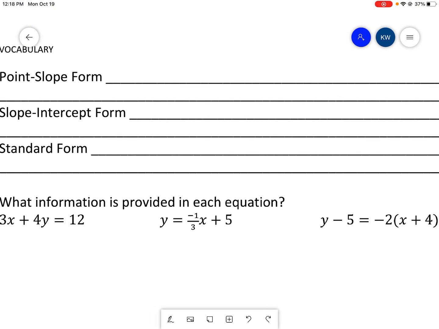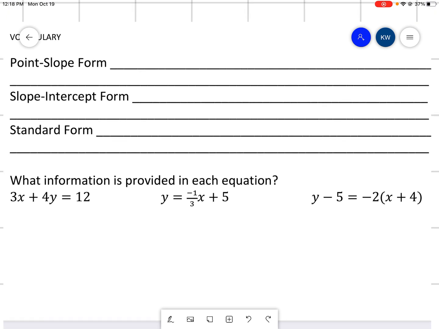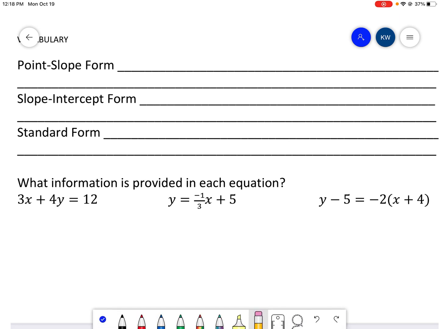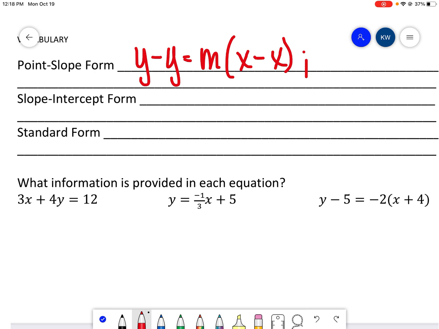So let's look at the vocabulary a little closer. It's important that you know what each of these pieces are. The point-slope form is actually y minus y equals m times x minus x. And for this, you need a point and the slope.